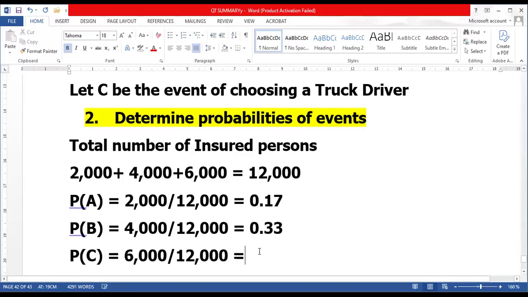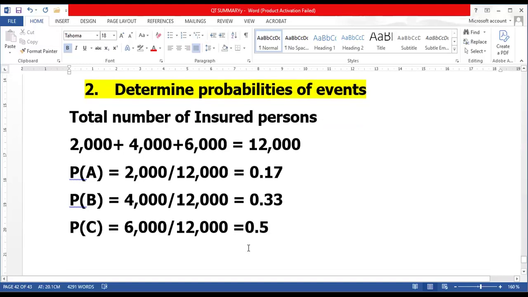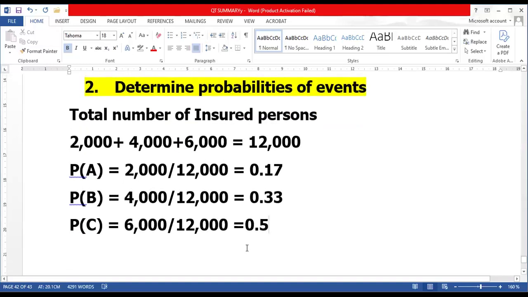Then here, 0.5. Guys, if you add the total probability, it should give you 1. First confirm. The moment you find that the total probability is not 1, know that you're wrong. Okay? Is it 1? It's 1. Yes. Okay.